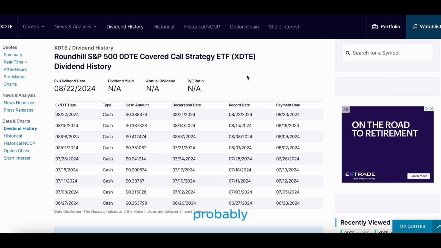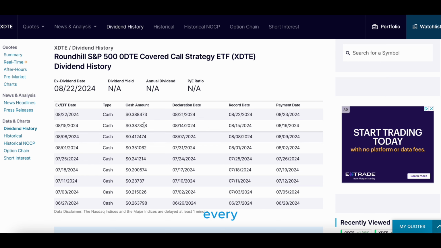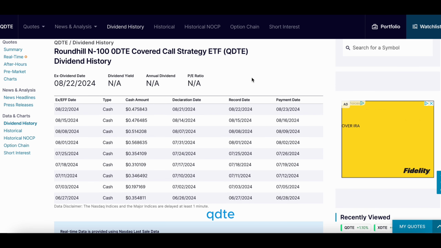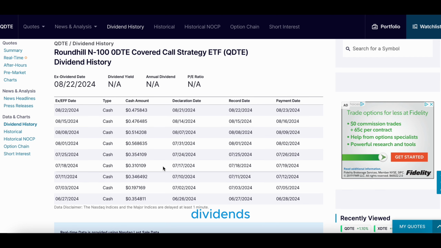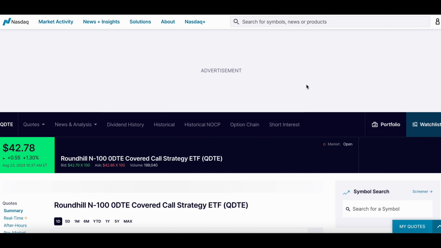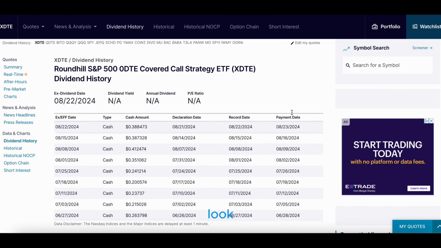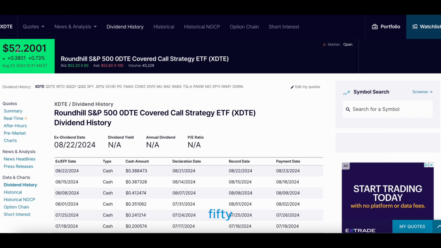Another thing you probably notice here is that XDTE provides an average of 29 cents in dividends every single week, whereas QDTE has provided over 43 cents per share every single week. So in the long term, if you look at the dividends, QDTE seems to be a better option, considering that the price of QDTE is $42.78, whereas the XDTE price is $52.20.